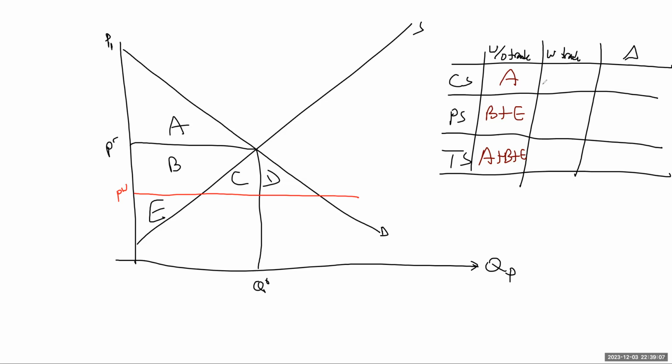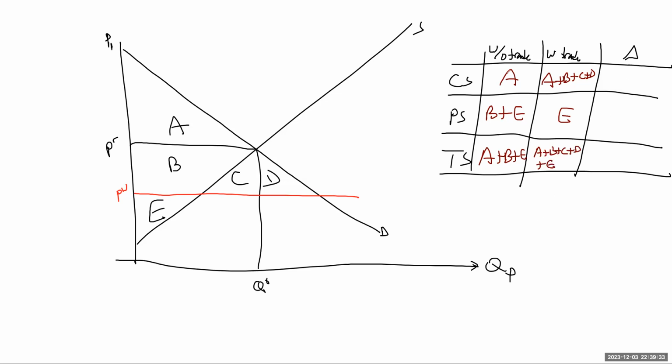With trade, consumer surplus is A plus B plus C plus D. This is the price that they pay now. This is the demand. So it's a triangle created from those two lines. Producer surplus is just E. Total surplus is A plus B plus C plus D plus E.